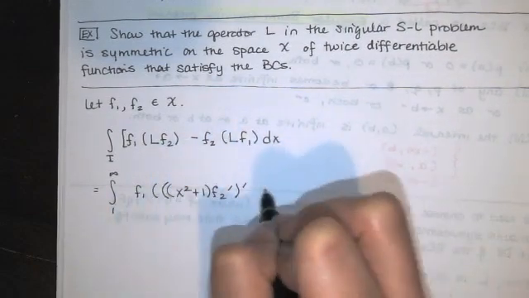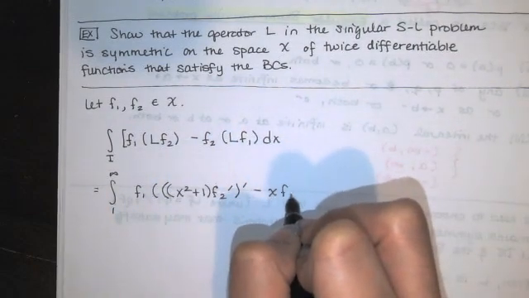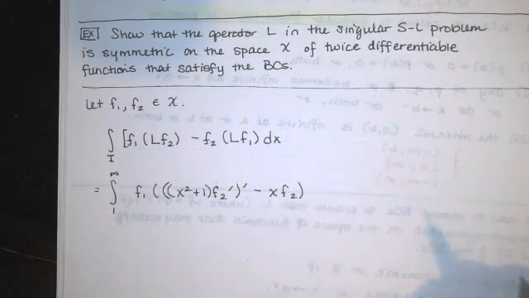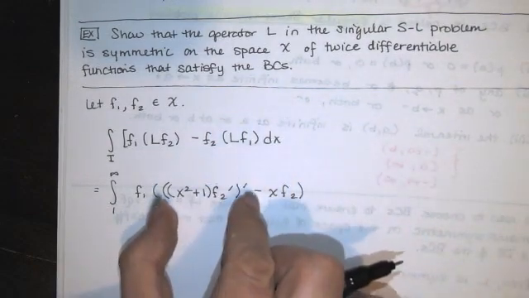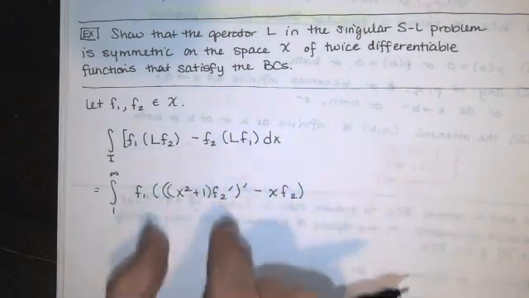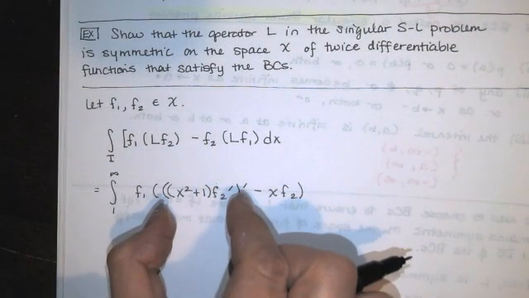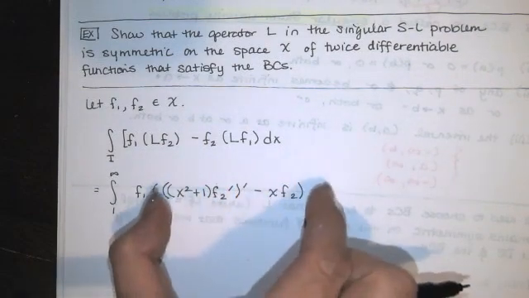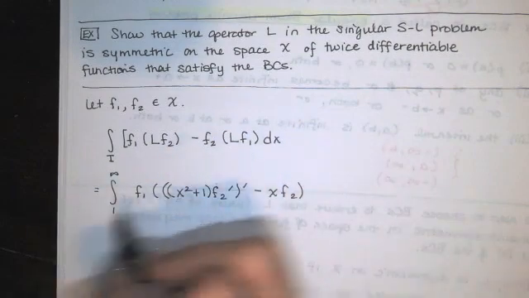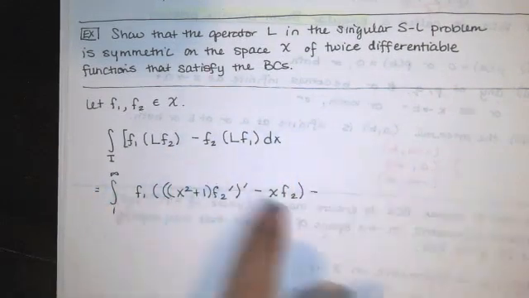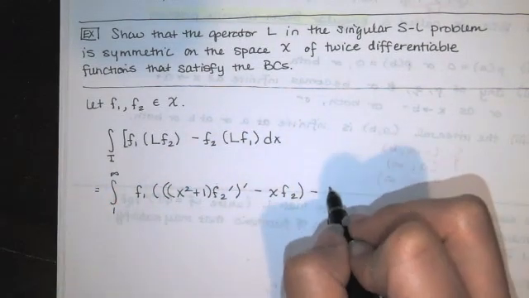I want the derivative of that minus x times f sub 2. A lot of parentheses there. Yep, I think that's good. Those parentheses apply to that, and then we take the derivative, and then those parentheses on the outside apply to that. Good. And then we want pretty much the same thing, but you're going to switch your f1 and your f2.